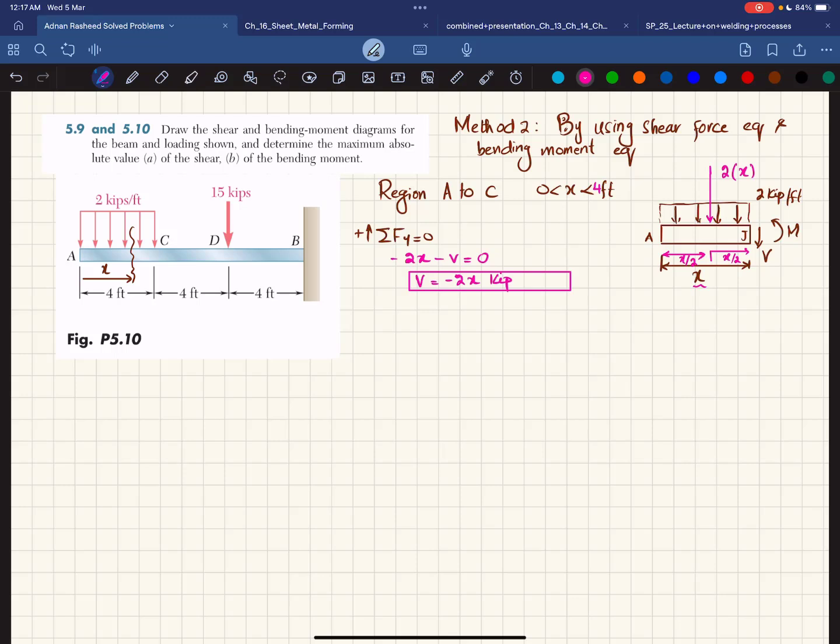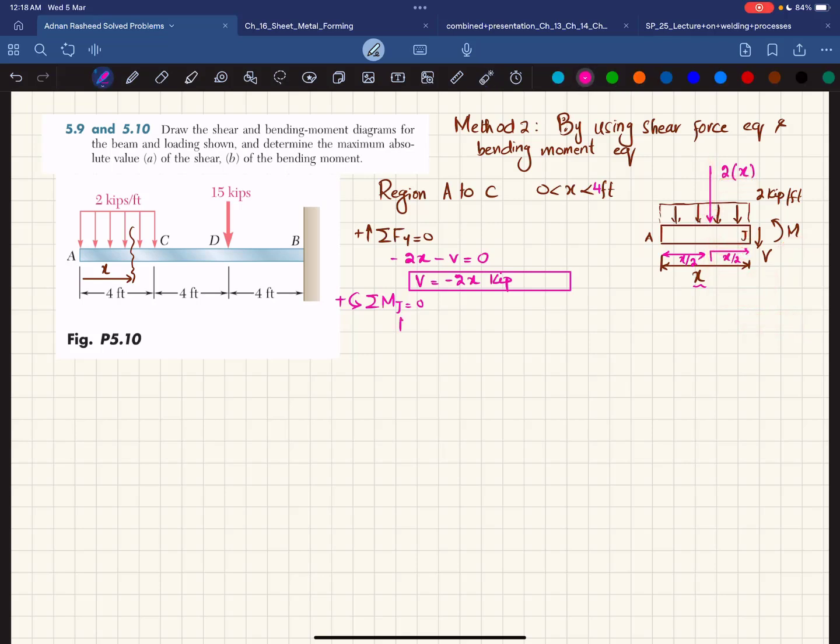Again, the moment M can be obtained by using the sum of all moments about point J equal to 0, taking counterclockwise moment as positive. About point J, the first moment is due to this 2x with a perpendicular distance of x by 2, and it produces counterclockwise moment, so it is positive. The second is the reaction moment, which is also counterclockwise, so also positive.